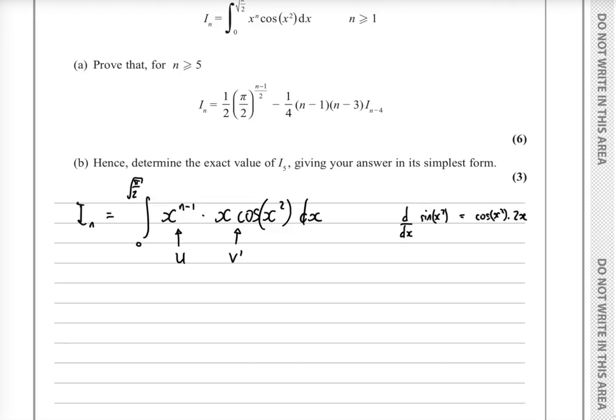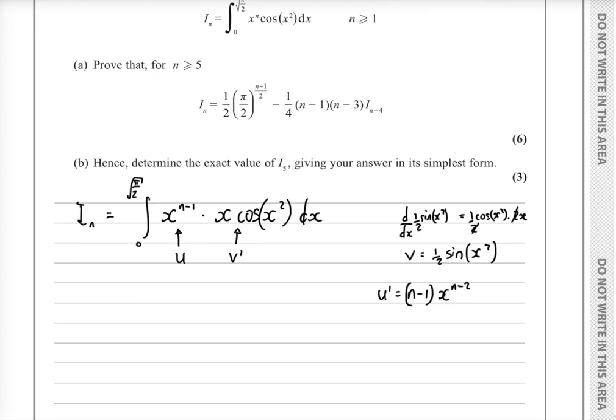So the only difference is the 2, so if we want half of that, we've got half of that there. So integrating x cos x squared, i.e. v, is a half sine of x squared like that. Differentiating u is a bit easier. We bring the n minus 1 down, and then we have x to the n minus 2.